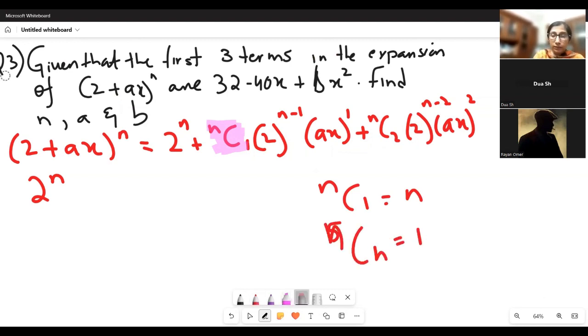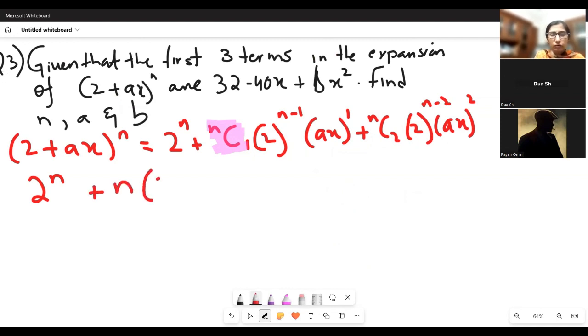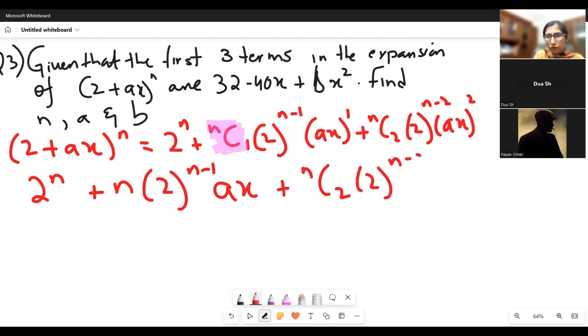Okay, so nC1 is n, so plus n times 2 power n minus 1 times ax. And the next term is nC2 times 2 power n minus 2 times a squared x squared.